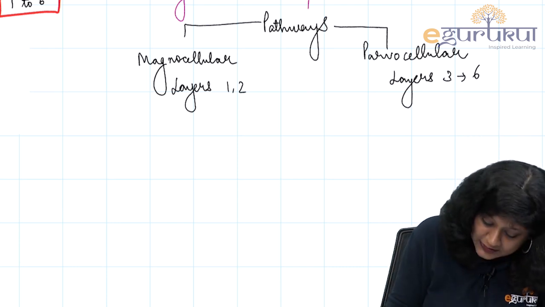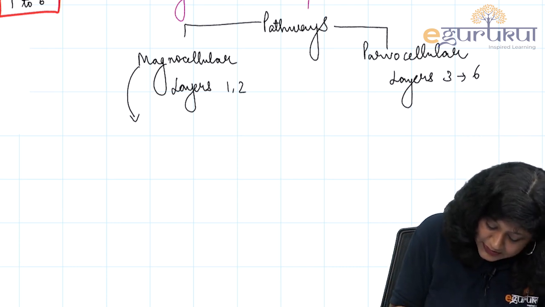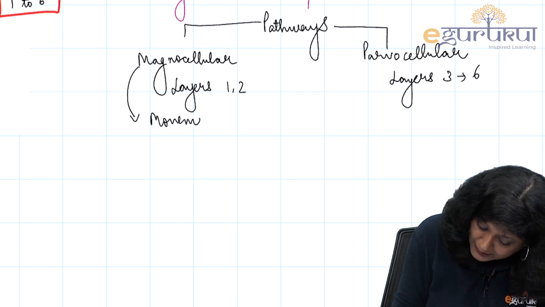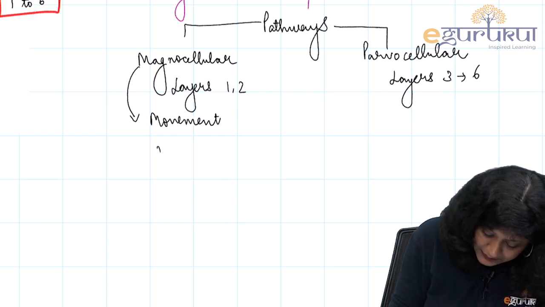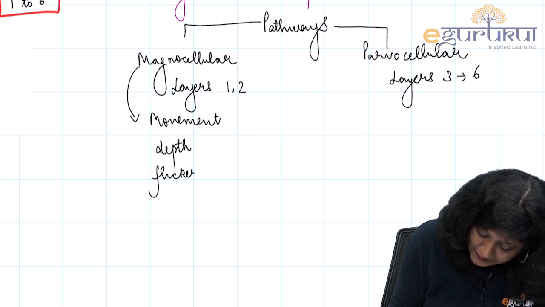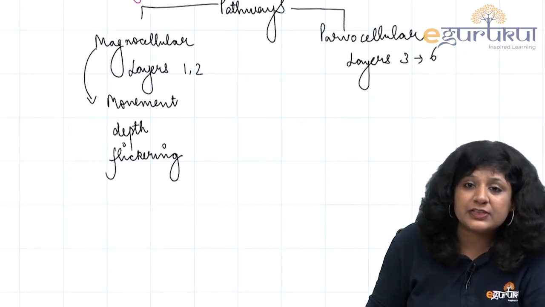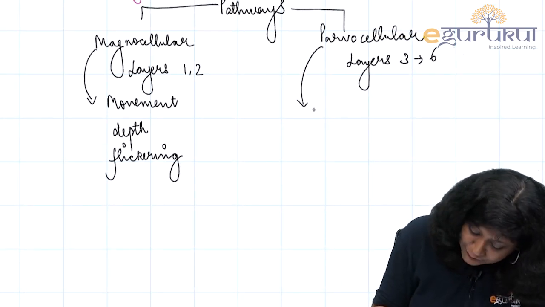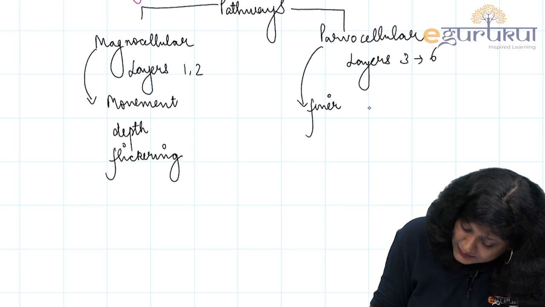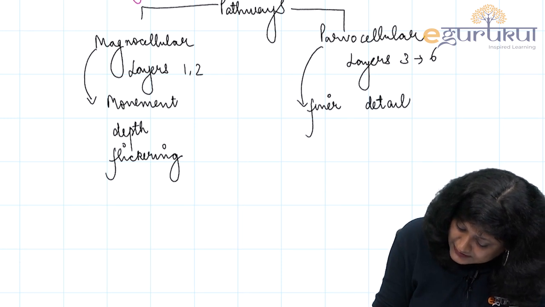Okay, so what are the functions? Magnocellular is involved in the movement, depth and the flickering, while parvocellular is involved in the finer details. This is involved in the finer details.